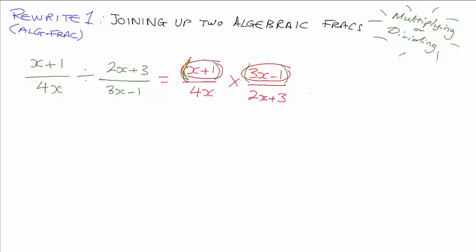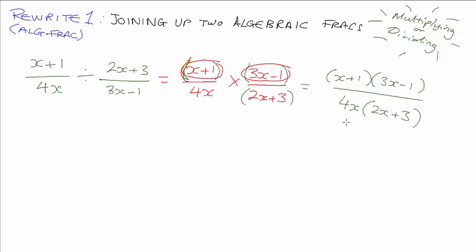We can put it in brackets, but there's no point because it's just one term, there are no plus or minuses. But this one has a plus or minus, so we've got to put it in brackets. So this becomes x plus 1 times 3x minus 1 over 4x times 2x plus 3.